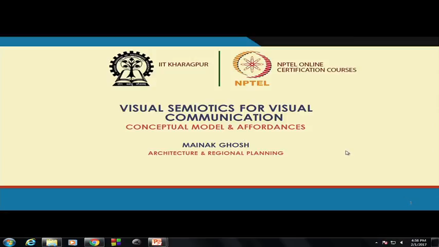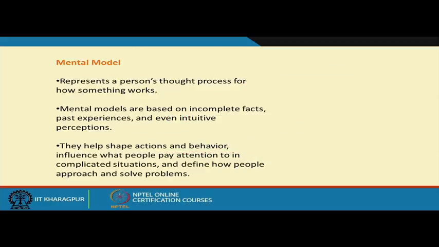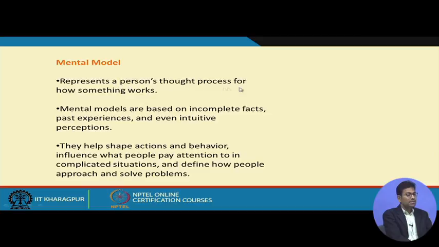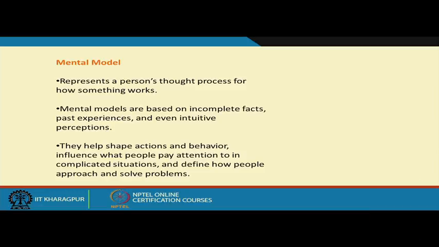If we look at the screen, the mental model represents a person's thought process or how something works. Mental models are based on incomplete facts, past experiences, and even intuitive perceptions. This is what creates a mental model. So a mental model is completely based on an individual's understanding of the world.